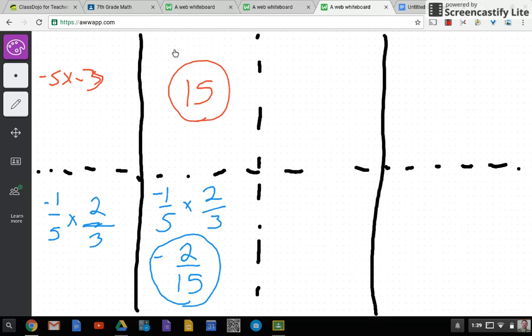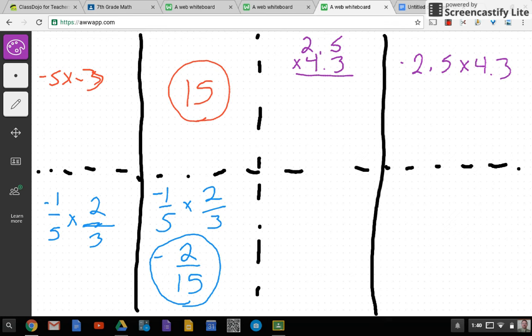Looking over here, if I could see through this flap, this is the -2.5 times 4.3. Now with this one, you have to treat it like it's a 2-digit by 2-digit multiplication problem, because that's basically what it is. So 2.5 times 4.3. Remember, in multiplication of decimals, you don't have to line up the decimals. In this case, they just happen to line up.